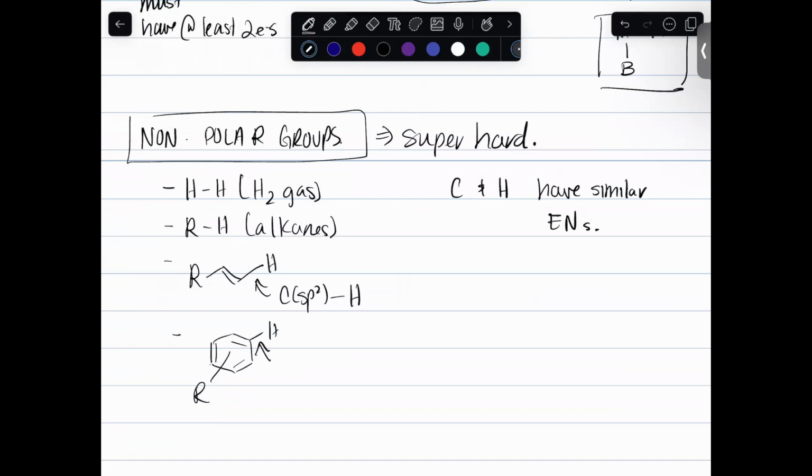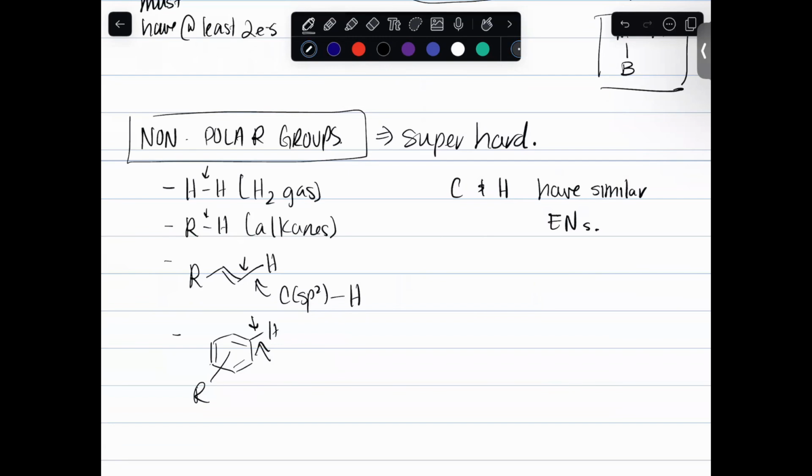And because they're not vastly different, there's no dipole for them, right? You can't draw a partial positive, partial negative on one atom over the other. And because they're pretty similar in electronegativities, they're pretty strong bonds. And so it's really hard to introduce anything in between them. They're pretty hard to break.